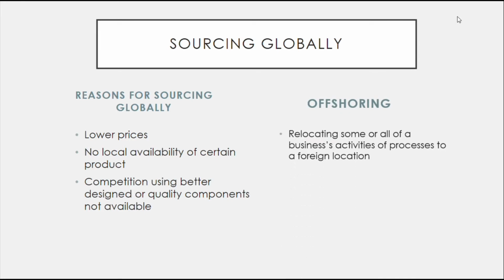Any part of the value chain can be outsourced, including product design, raw material or component supply, manufacturing or assembly, logistics, distribution, marketing, sales, service, human resources, and other activities.